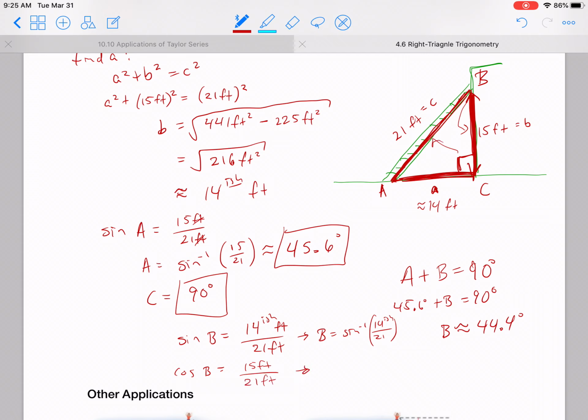You could even do something with the tangent if you wanted, but since we know 15 feet without it being a decimal, using cosine is probably better than using the sine, and we get that B is going to equal the arc cosine of 15 over 21. Those feet cancel. And that would probably give you your most exact answer, and ultimately you're going to get about that for B. Okay?